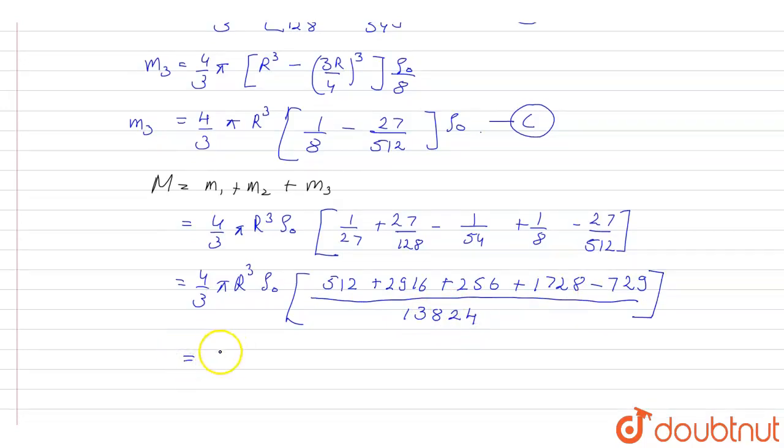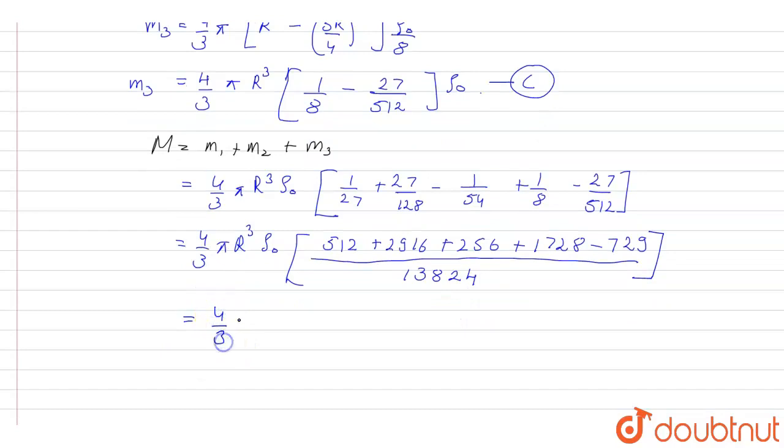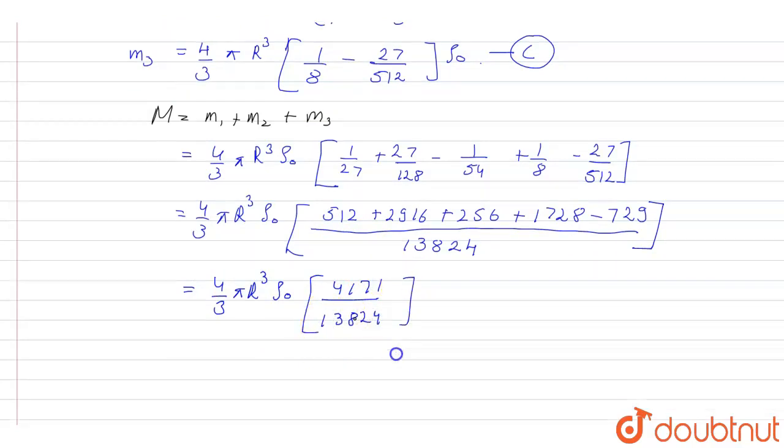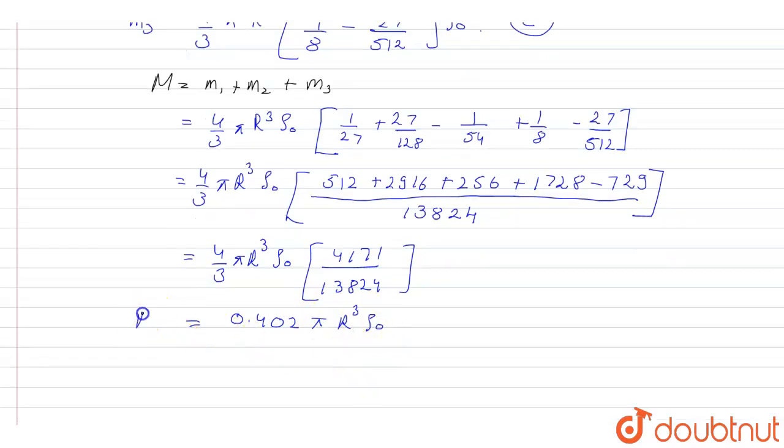So therefore I will have 4/3 πr³ρ₀, the numerator will be equal to 4171 divided by 13824. Now upon multiplying this bracket by 4/3, the total value will be 0.402 πr³ρ₀. So this will be the total value m.